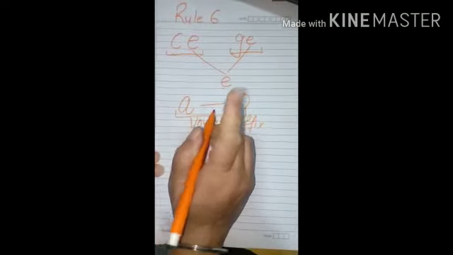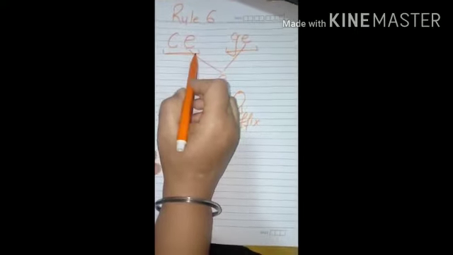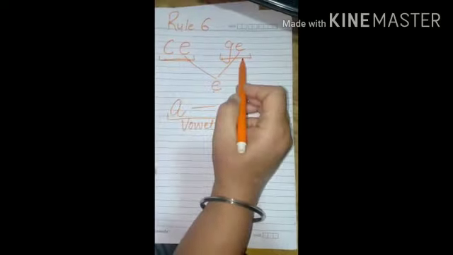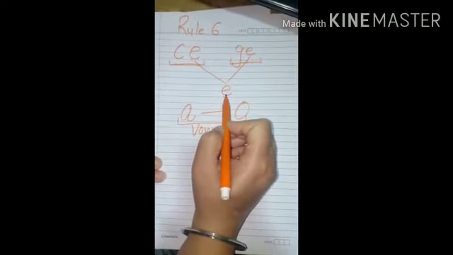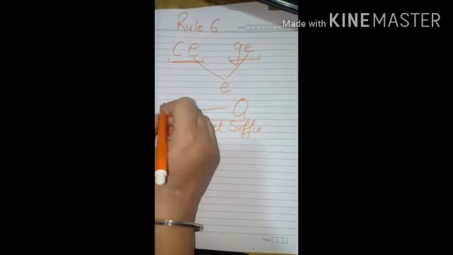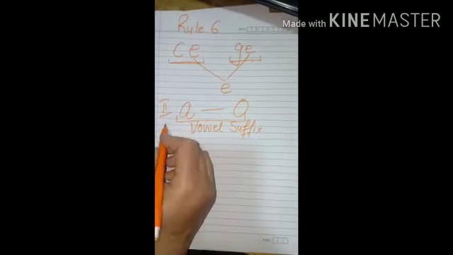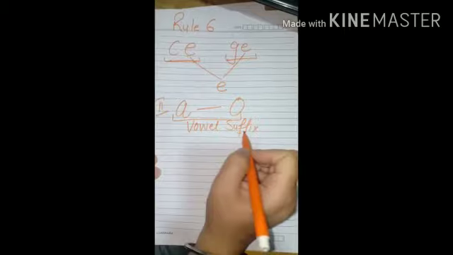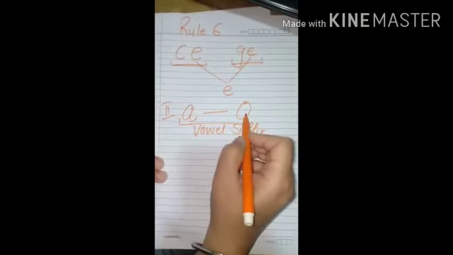First, the base word should end with CE or GE, in which case we keep this E. The second condition is that the vowel suffix should start with A or O.